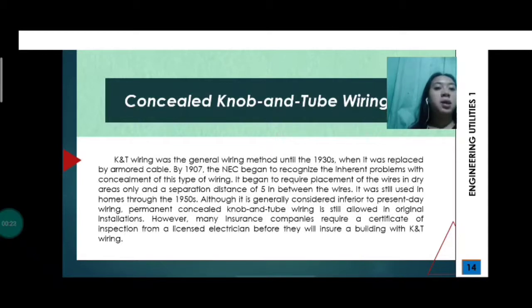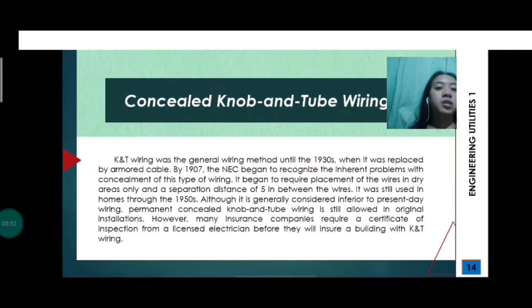The NEC began to recognize the inherent problems with concealment of this type of wiring. It began to require placement of the wires in dry area only in a separate distance of 5 inch in between the wires. It was still used in home through the 1950s.